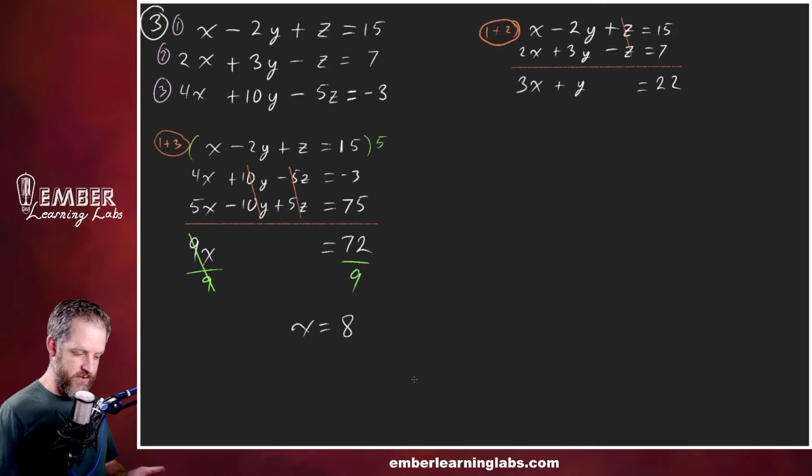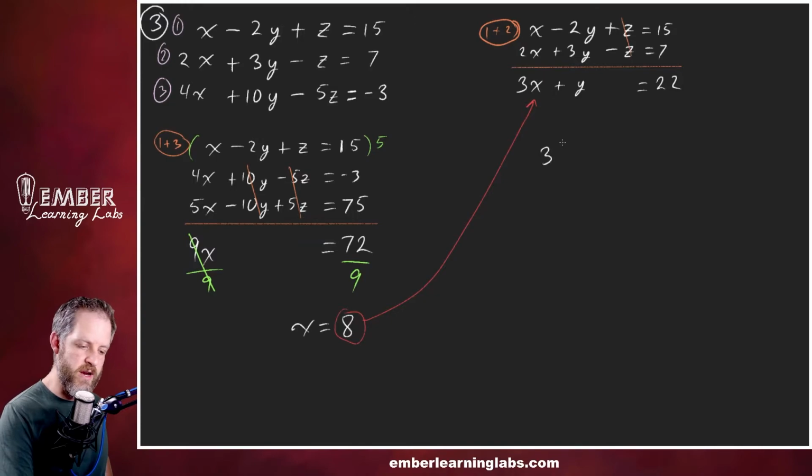So now we can substitute that in. Let's substitute this one into this one. That looks nice and easy. So 3 times, I'm going to substitute that 8 in there, bring down plus y equals 22. So now we can multiply those together. 3 times 8 is 24.